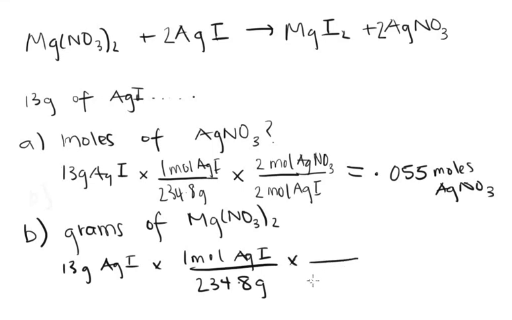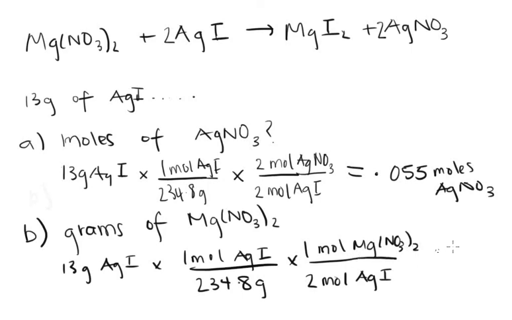And 2 moles of silver iodide, and that 2 comes from here, the stoichiometric coefficient. And that correlates to, where do we want to go? We want to go to magnesium nitrate. So magnesium nitrate, 1 mole, based on the balanced reaction.